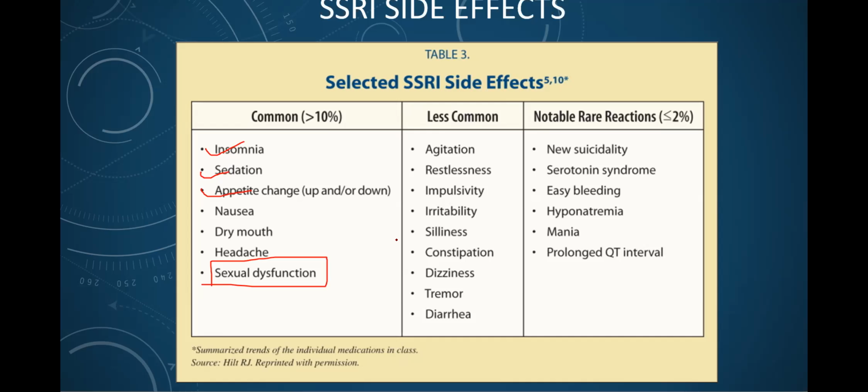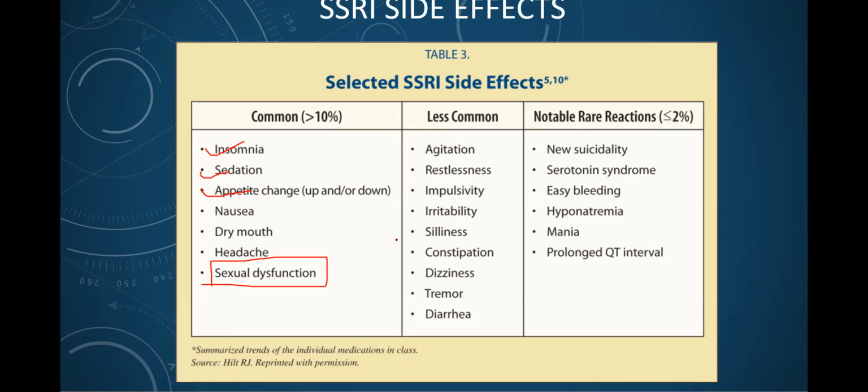Now, two questions for you guys, which are very important for the exam. One, if a patient is on fluoxetine or sertraline, which are SSRIs, and that patient is complaining of abdominal pain, what will you do next? Let me answer the question.